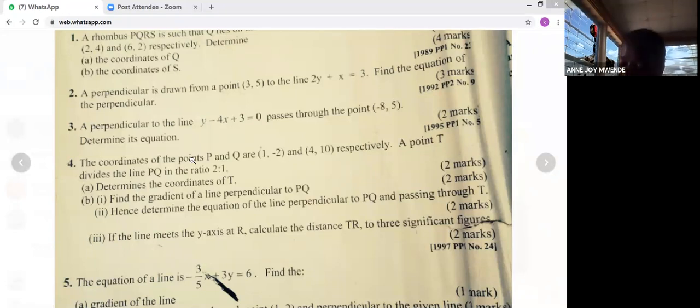So you have XY minus 1, -2 is equal to 2, 8. Then you get XY as: because 1, -2 on the left-hand side is subtracted, you take it to the other side of the equation, you get plus 1, -2. So you have XY as 2 plus 1 will be 3, then 8 minus 2 will be 6.